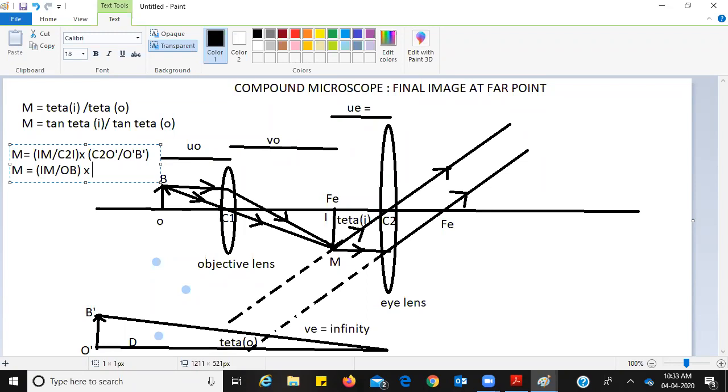C2 O dash is D, by F. Which F? FE. Be careful, there are two lenses. Now, what is I M by O B actually? H I by H O, the linear magnification.